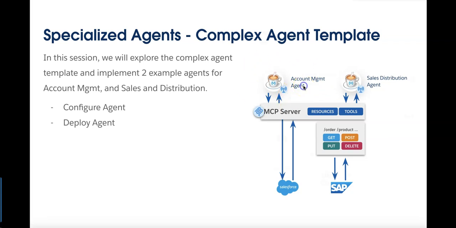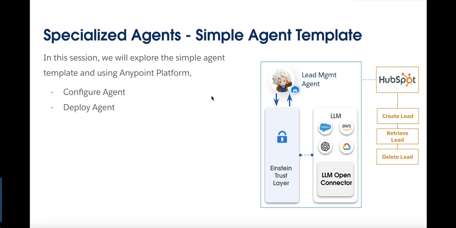We have one more, which is the simple agent, the lead management agent, leveraging the Einstein Trust Layer and the Models API, and it is connected to HubSpot to reason upon 3 tools provided: create lead, retrieve lead, or delete lead.